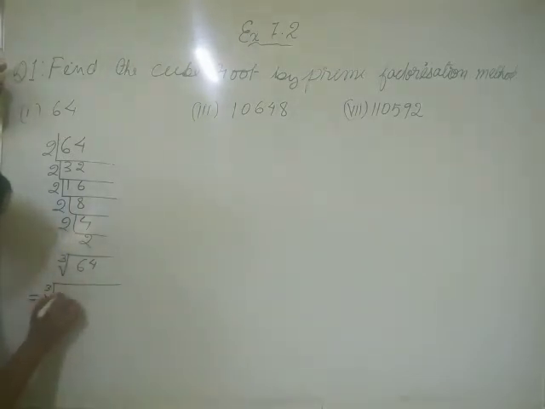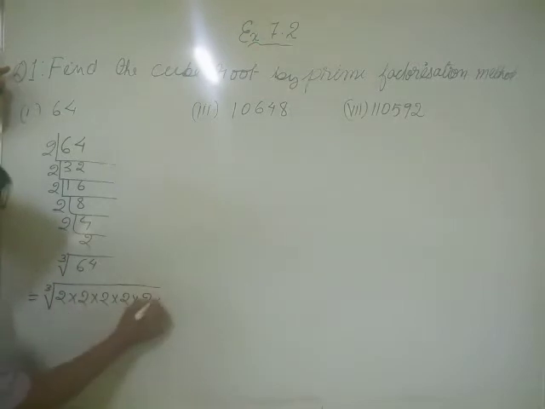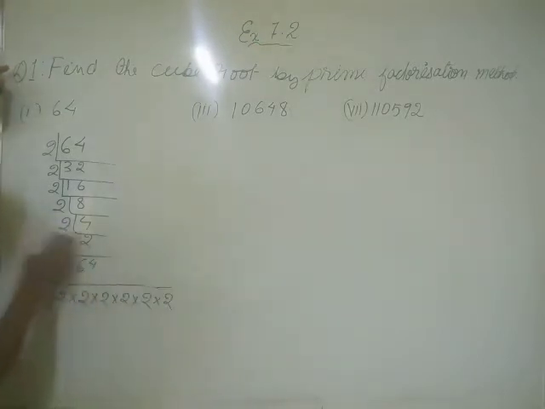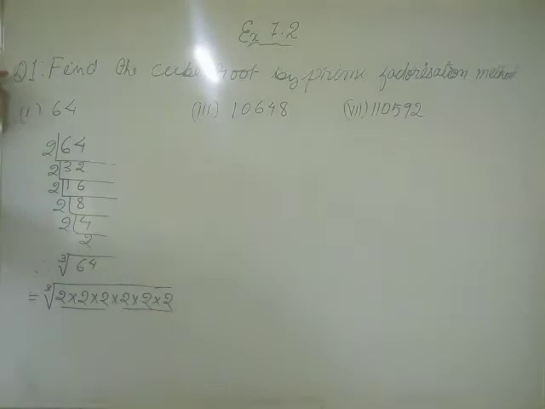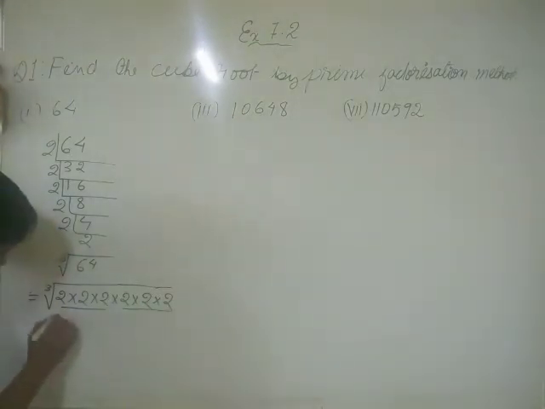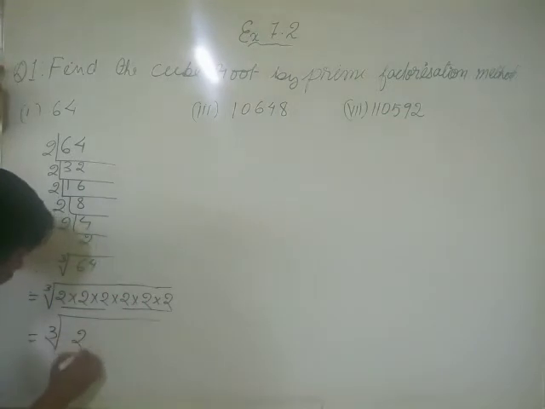Cube root over 2 into 2 into 2 into 2 into 2 into 2. 6 twos are there, isn't it? 1, 2, 3, 4, 5, 6. Then next we have it like this: cube root over 2 to the power 3 into 2 to the power 3, isn't it?